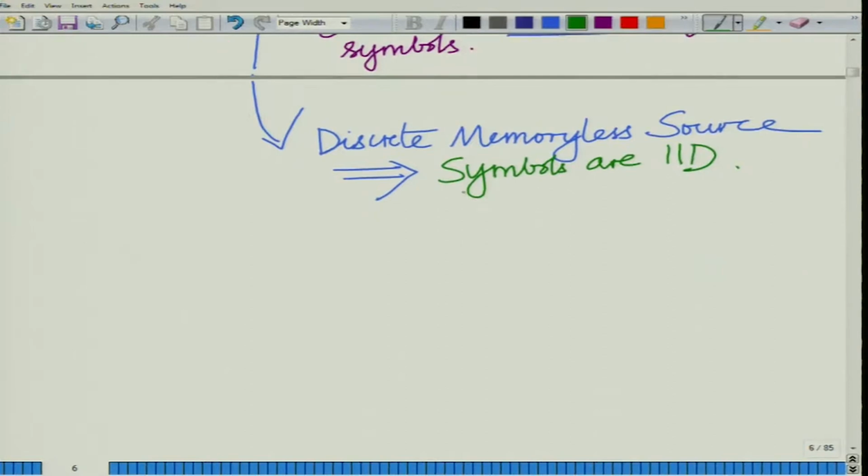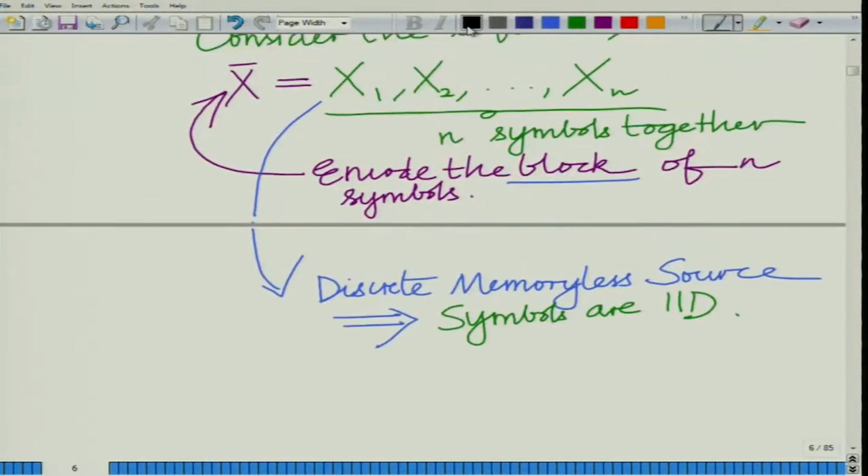Therefore, if symbols are independent, identically distributed, let the average code length of this be L bar n.